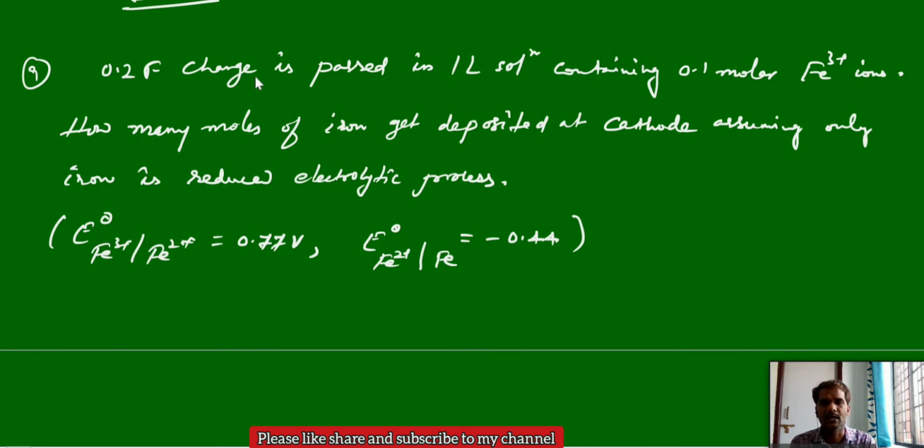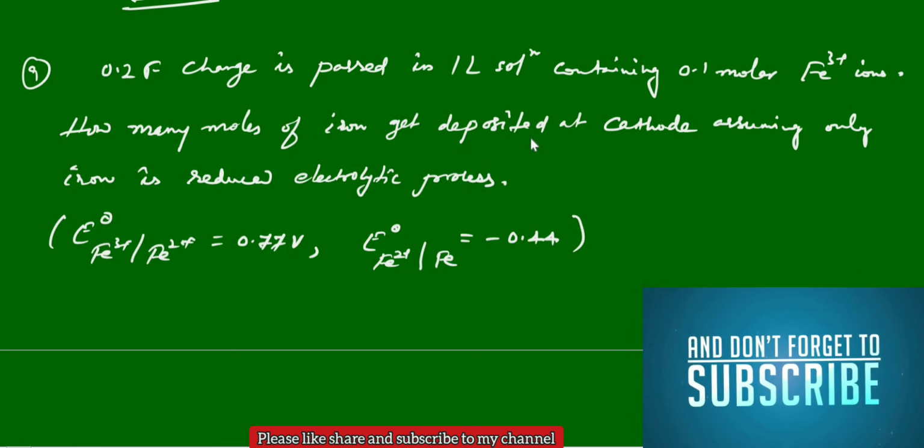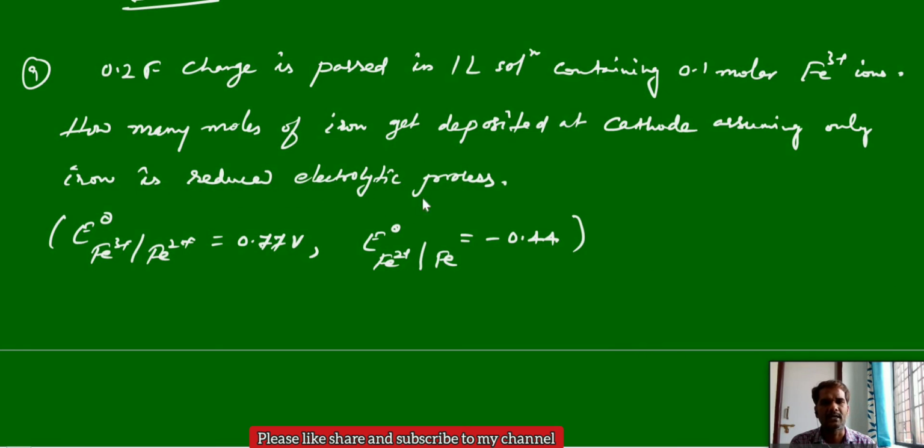So they are passing 0.2 Faradays of charge through 1 liter of solution having iron 3 plus ion. Then how many moles of iron get deposited at cathode? Assuming that only iron is reduced electrolytically, the electrode potentials to convert iron 3 plus to iron 2 plus is 0.77 and iron 2 plus to iron is minus 0.44 volts.